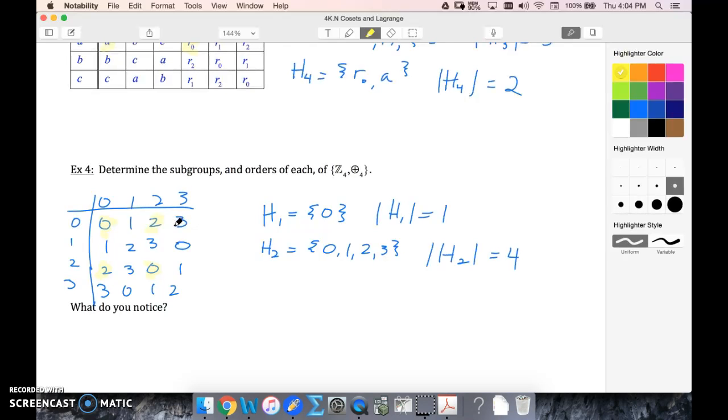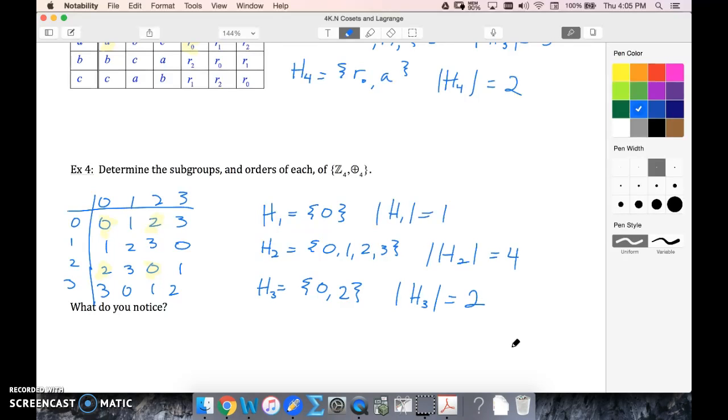If I also include 3 with this, 0, 2, 3, 2, here's a 3 again, so I've got not a closed group, so not 3 in it. So I've got another group here with just 0 and 2, and the order of that is 2. I don't see any other groups.